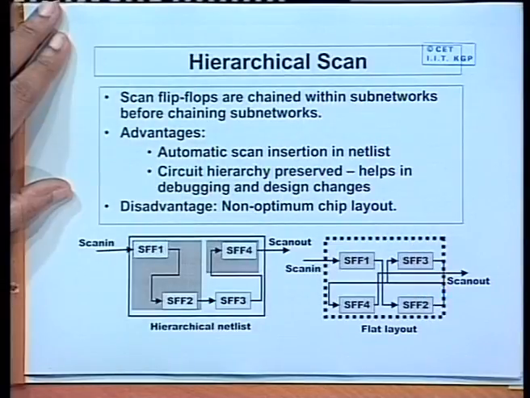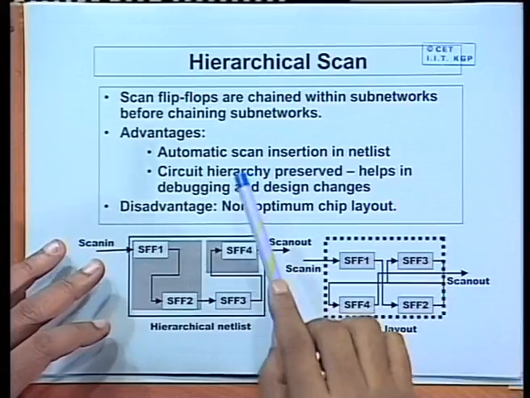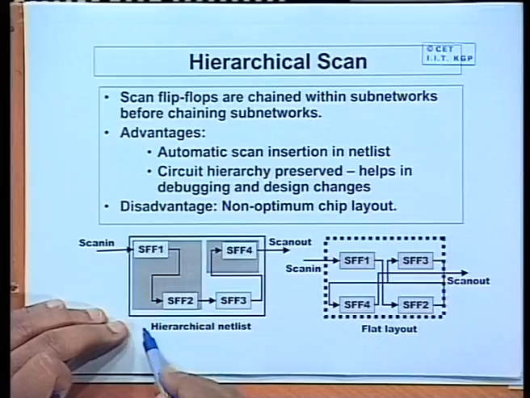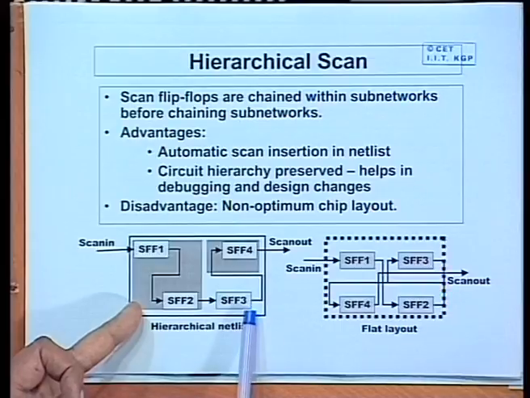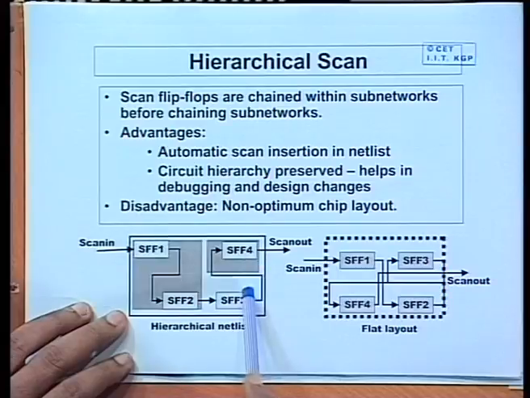So, the way this scan path is actually implemented in CAD tools is that you can do it hierarchically. Like well, instead of considering the whole circuit as a whole and totality, and we incorporate scan and do it, you can do it in a hierarchical fashion. Like suppose in this block you have a hierarchical netlist, like during your say the circuit partitioning or placement you had 4 different blocks.